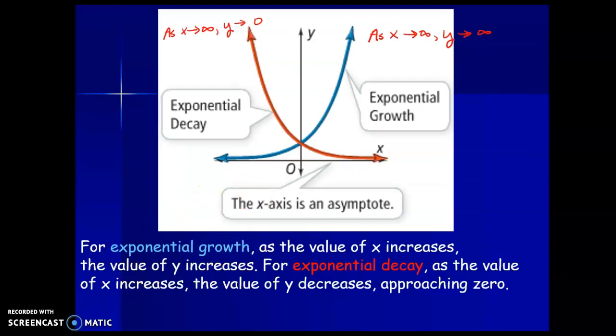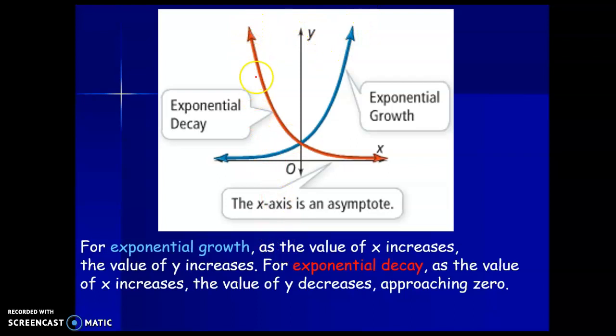All right, here is your exponential decay and exponential growth. As the value of x increases, okay, x is getting larger and larger here, y is getting larger and larger here.